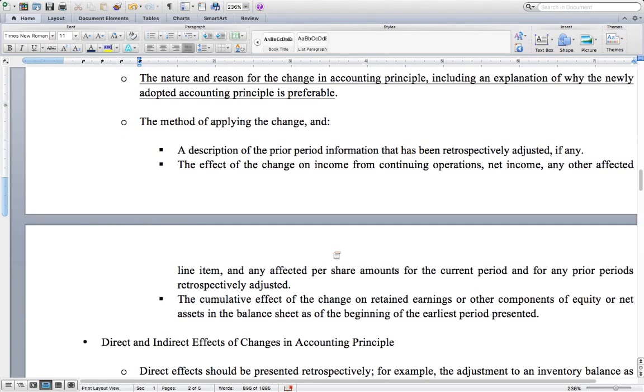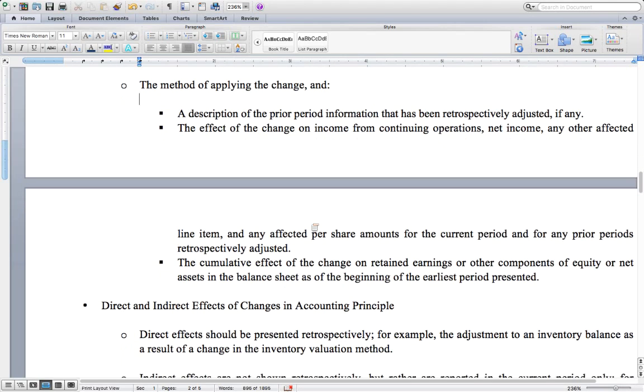What this does is make the company accountable for explaining why the new accounting principle is better than previous accounting principles. It puts a little bit of responsibility on the company to not just flip-flop back and forth every year to whatever makes their financials look better.